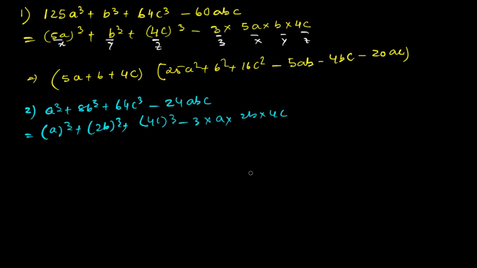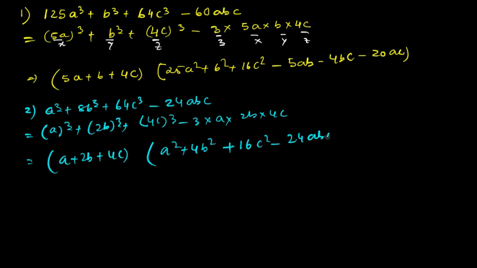So we can see now it's the standard form. So it will be equal to (a plus 2b plus 4c) times (a square, 4b square, 16c square, minus ... 24abc).